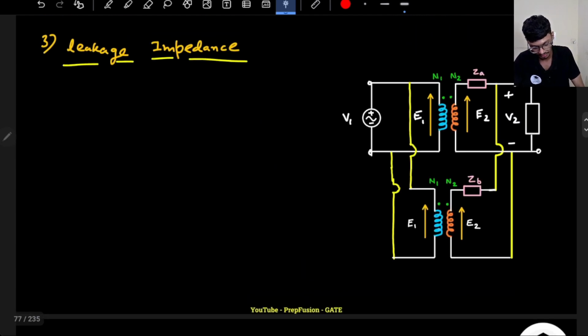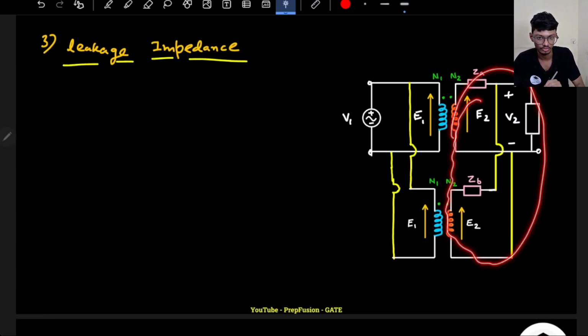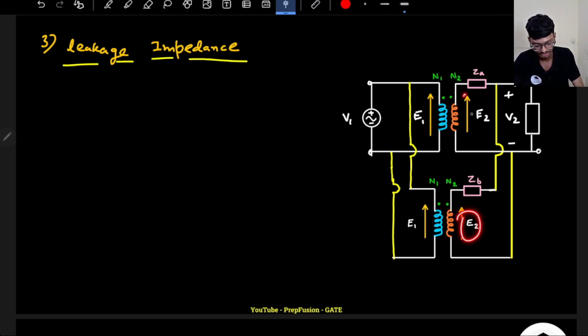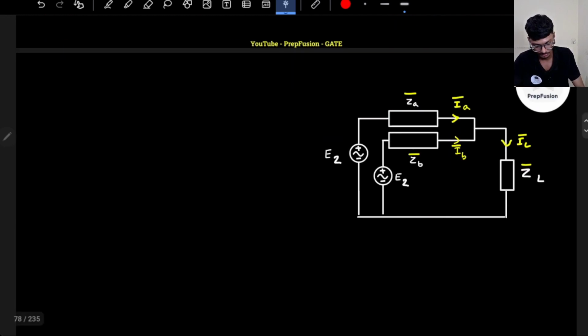We have just drawn the secondary of this circuit, not the primary, because ultimately the secondary is here: E2 voltage is here, ZA is connected here, ZB is connected here, and the output is connected to V2. Now we want to see which transformer is delivering how much power.